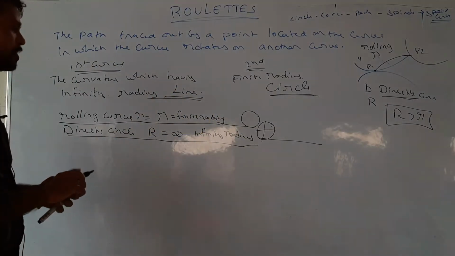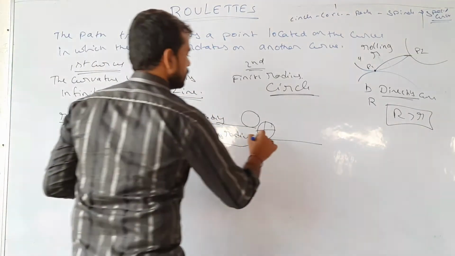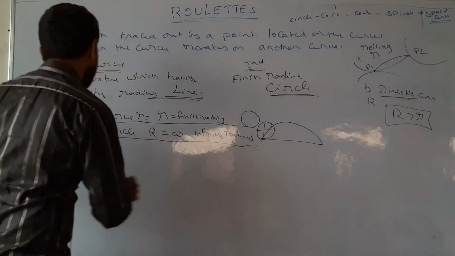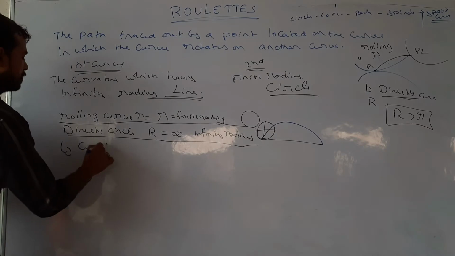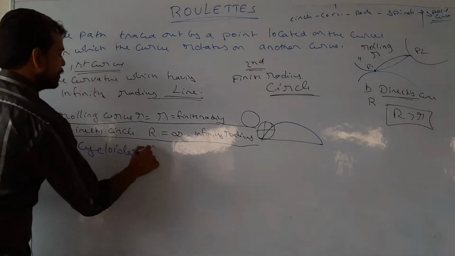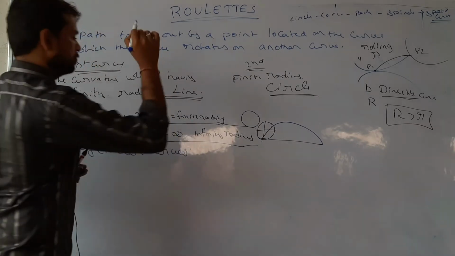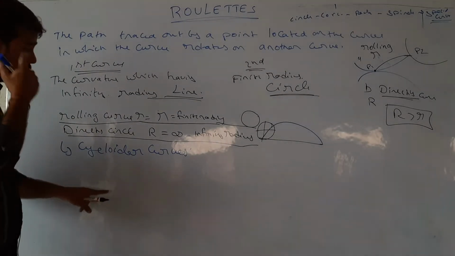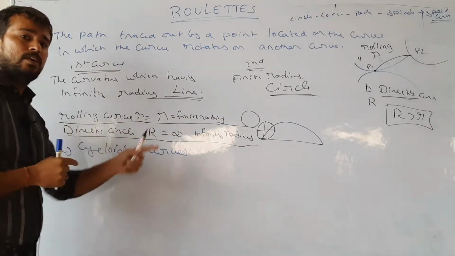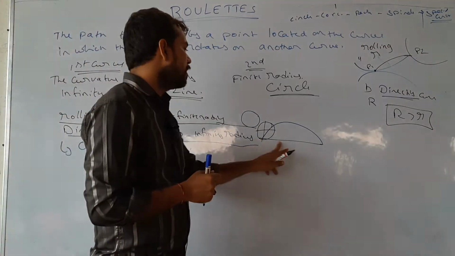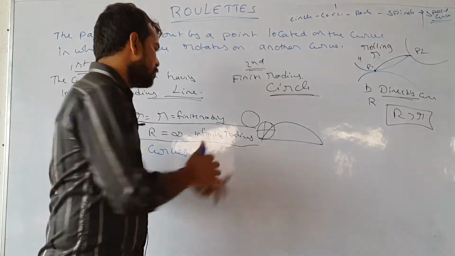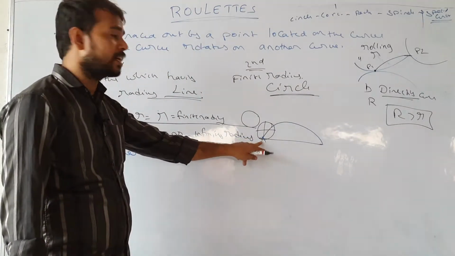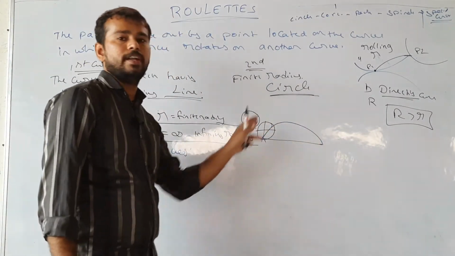The roulette will follow like this. Then you will get cycloidal curves. Whenever a circle is revolving or rotating on a straight line, the path traced out by a point located on the circumference of the circle follows a cycloidal curve.